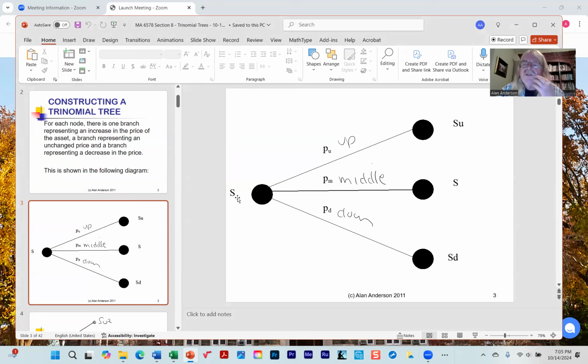Now, it doesn't have to work that way, but we'll start that way to keep it simple. For example, this middle branch could go down slightly or up slightly, but here, let's just say that it stays where it is. Now, of course, we have three probabilities, so we need three subscripts. We'll call them U, M, and D. And of course, they all have to add up to 1.